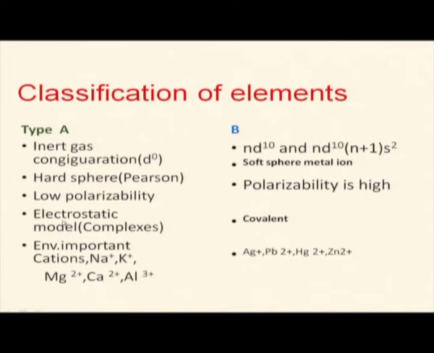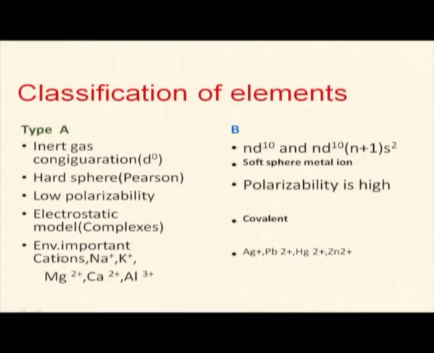The metal forms a compound through electrostatic interaction, which is the main component of complex formation, whereas in type B it is mostly covalent bond formation between the metal and the ligands that forms complexes in the aquatic environment.